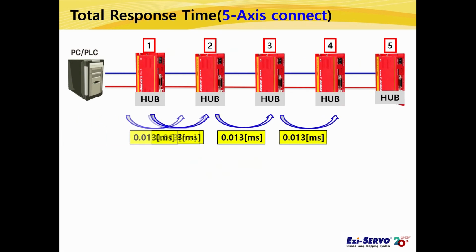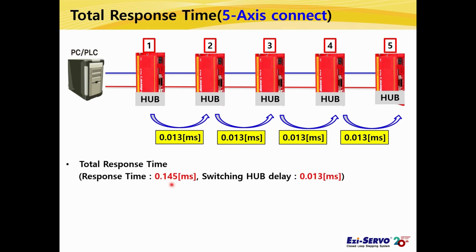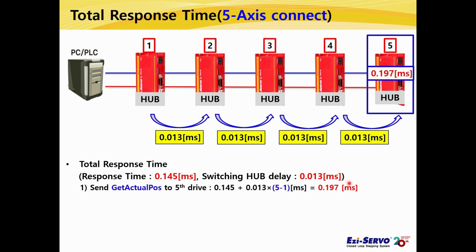As shown in the previous measurement result, the response time of the getActualPOS command of Plus-E was 0.145 millisecond. And the delay of one switching hub is 0.013 millisecond when 5 axes are connected. Now, if you calculate the total response time, the response time when the getActualPOS command is transmitted to the 5th drive is 0.197 millisecond through this equation.